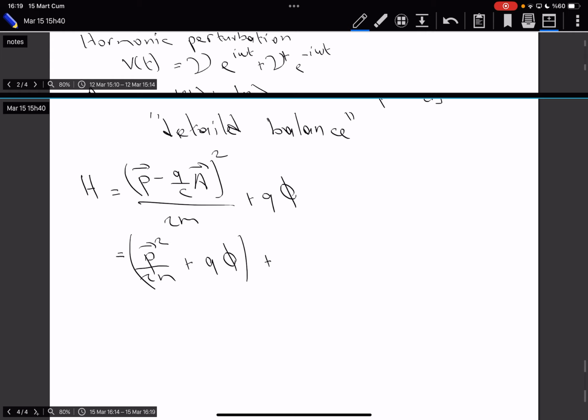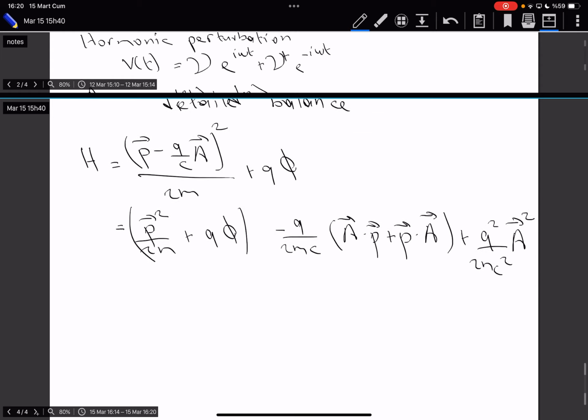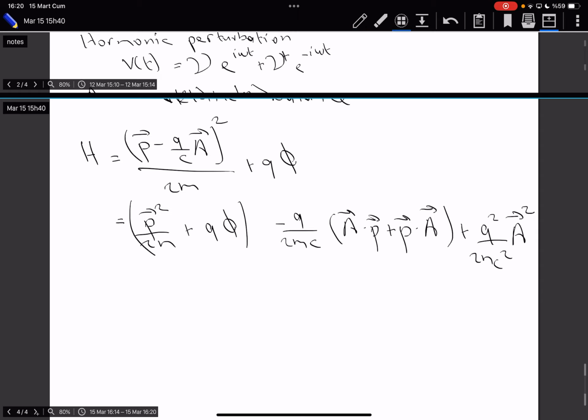Plus we have minus Q over 2MC (A dot P plus P dot A) plus Q squared over 2MC squared A squared. Now, later on we will come to that. This is, in general, very small. Just ignore. We will ignore that one.